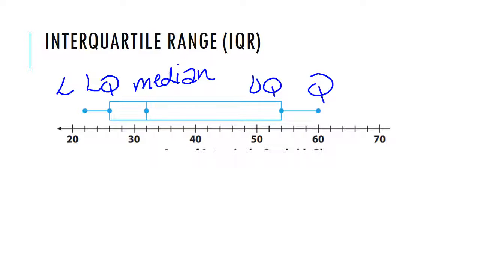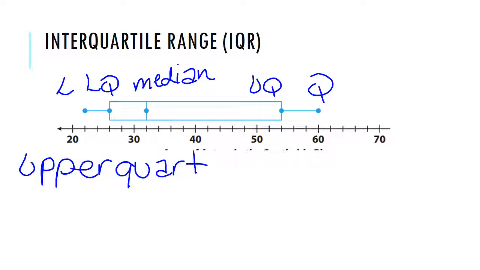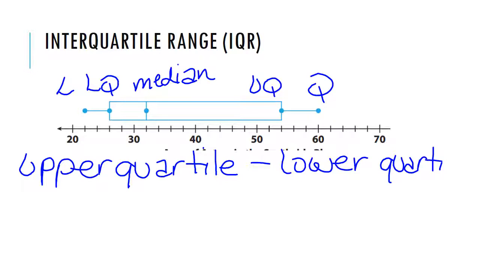They have to know, to find the IQR, that you must take the upper quartile and subtract the lower quartile from it. And that tells you your interquartile range.